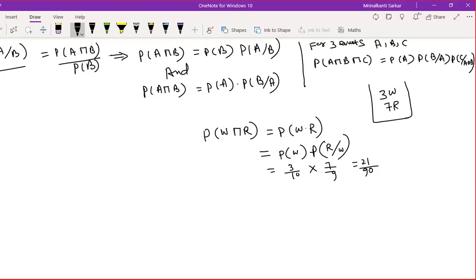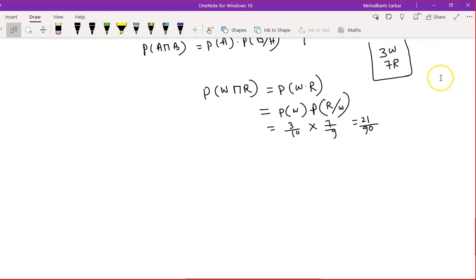We can extend the case. Like for this problem, we are drawing 3 balls without replacement again. What is the probability of getting the first one white, the second one red, and the third one white? This we have to find.